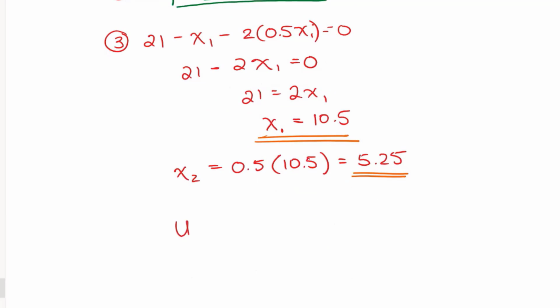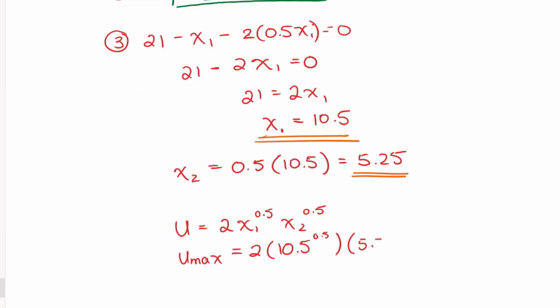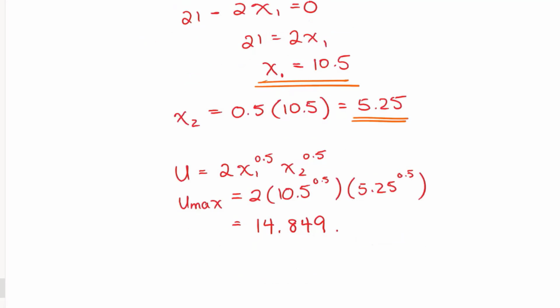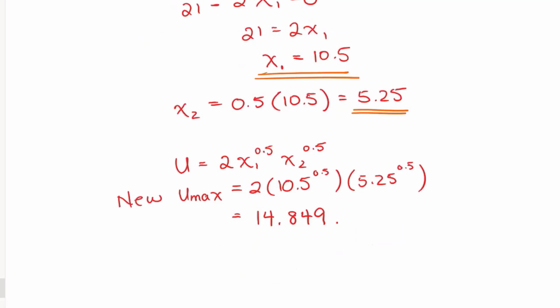And then we would have our new maximum utility. So that would be 2 times 10.5 to the power of 0.5 times 5.25 to the power of 0.5. And that would give us 14.849. So this is our new Umax.